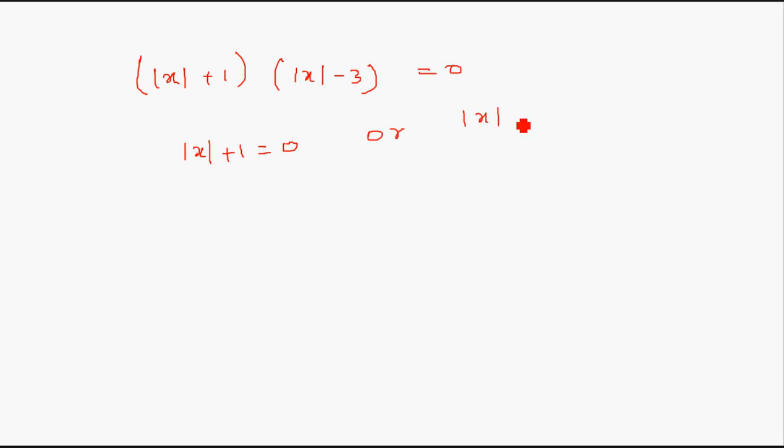Now from this, mod x plus 1 is 0, or mod x minus 3 is equal to 0. So mod x is equal to minus 1. Now this is false. The absolute value of x is always positive, so minus 1 is not valid, right? Now here we will get mod x is equal to 3. So x is nothing but plus or minus 3, right?